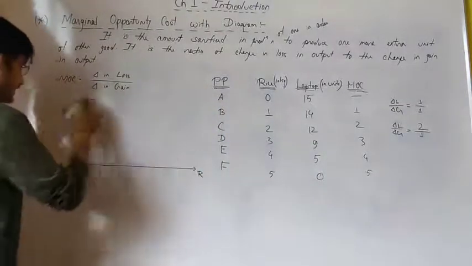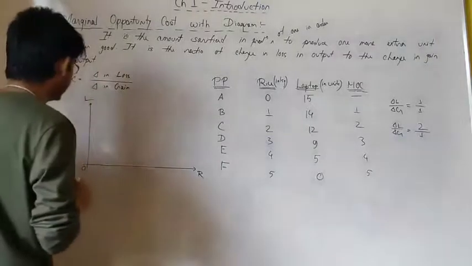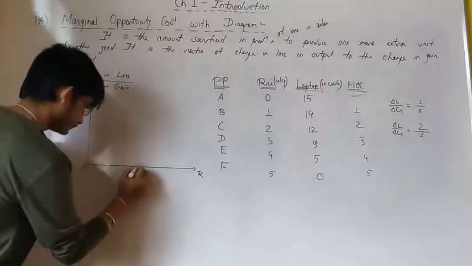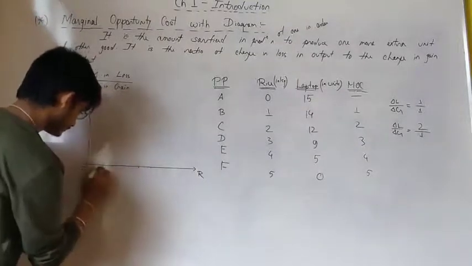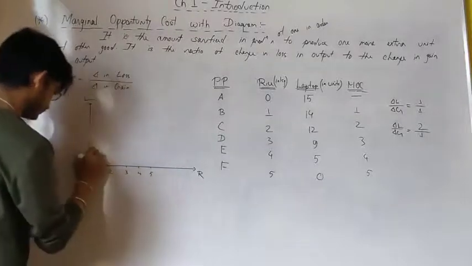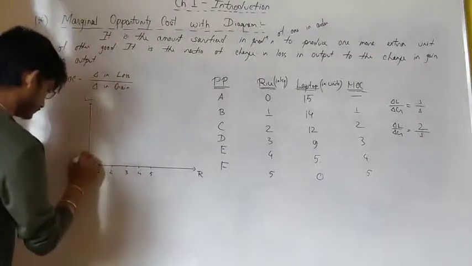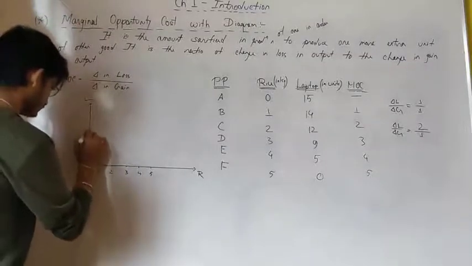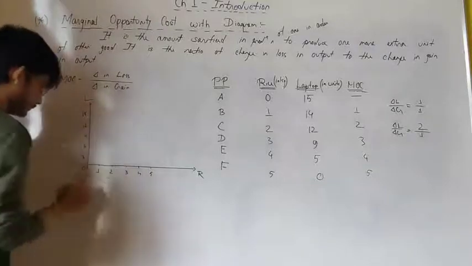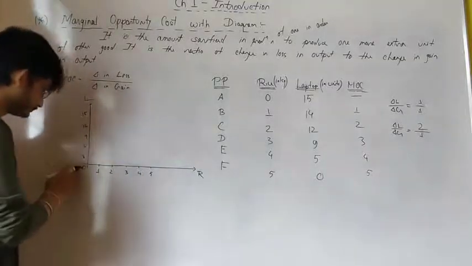I'm just writing R and L. R represents rice and laptop is represented by L. The diagram drawing is done the same way.